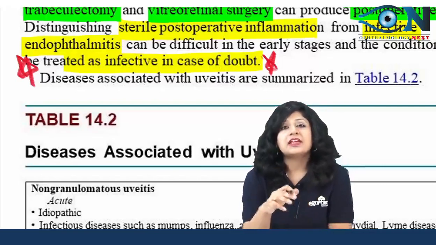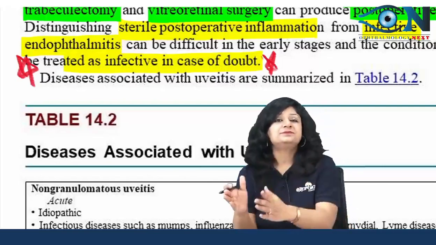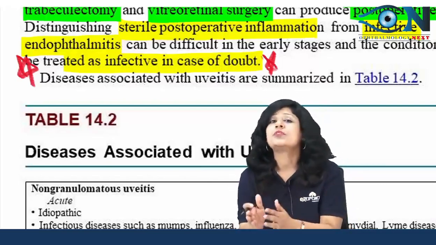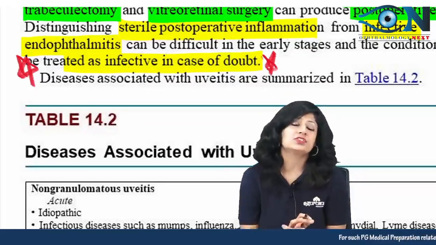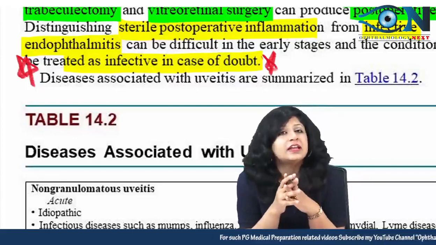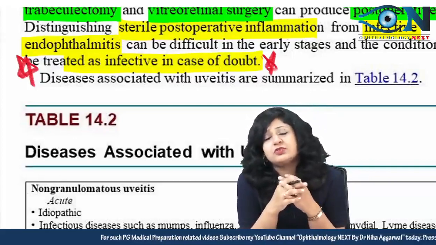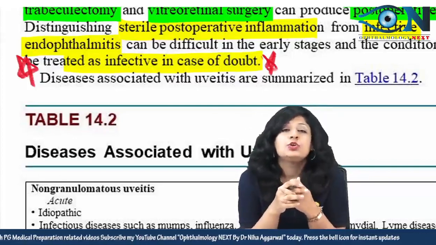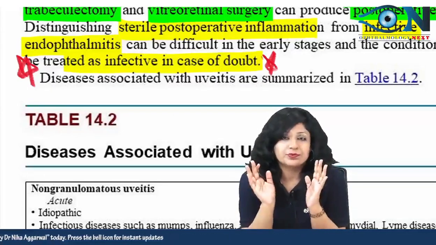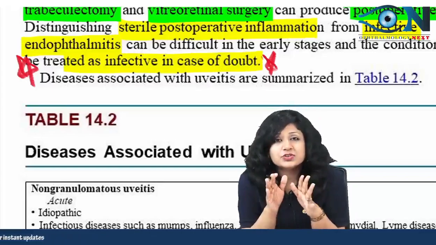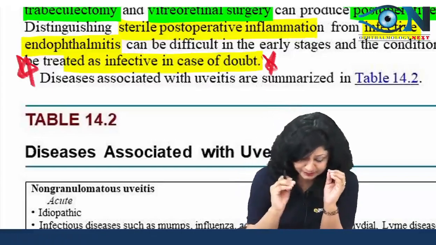But the thing is, treat it as infective unless proved otherwise, because you cannot rule out the chances of infection even in cases of toxic anterior segment syndrome, and it's always better to overcorrect and give antibiotics rather than ignore. It is not a wise decision to exclude antibiotics here.